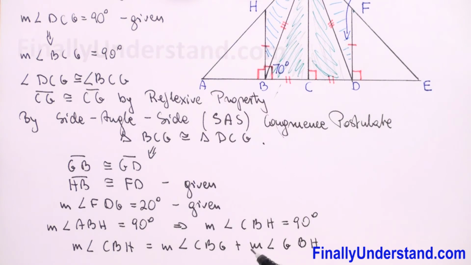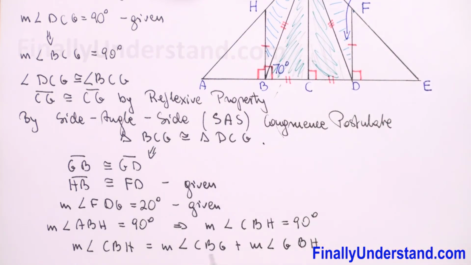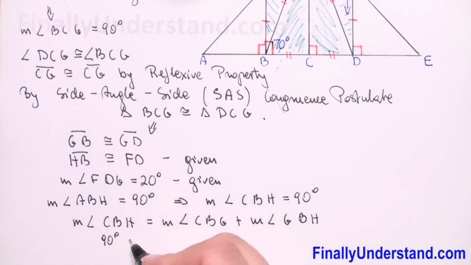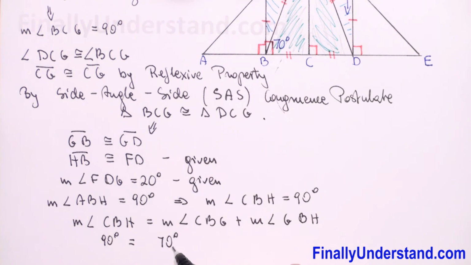We are given that CBG is 70 degrees, and we just found that CBH is 90 degrees, so we can substitute the measure of angle CBH by 90 degrees. 90 degrees is equal to 70 degrees, this is given, plus the measure of angle GBH.